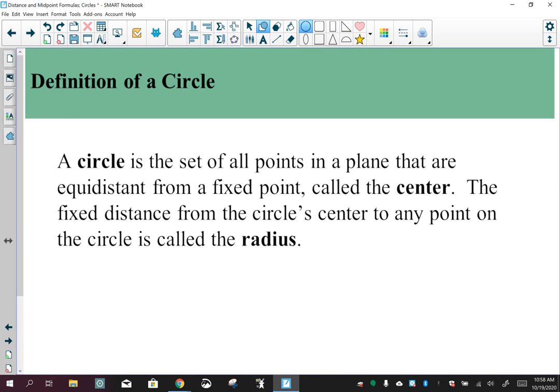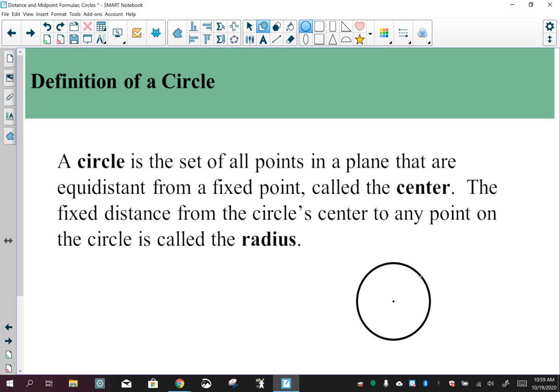So if I have a circle here and I have a center, so notice the dot here in the center, to the edge all the way around, doesn't matter where you go, is always going to be the same distance regardless of where you're at on the outside or on the circumference of the actual circle. Okay, so that's what this is saying.